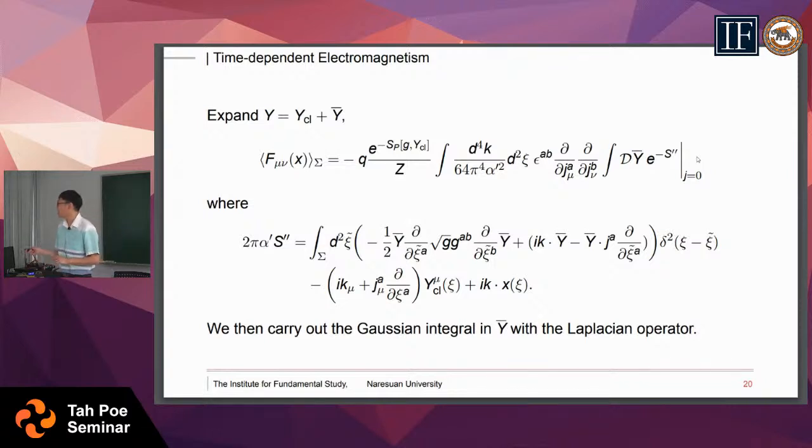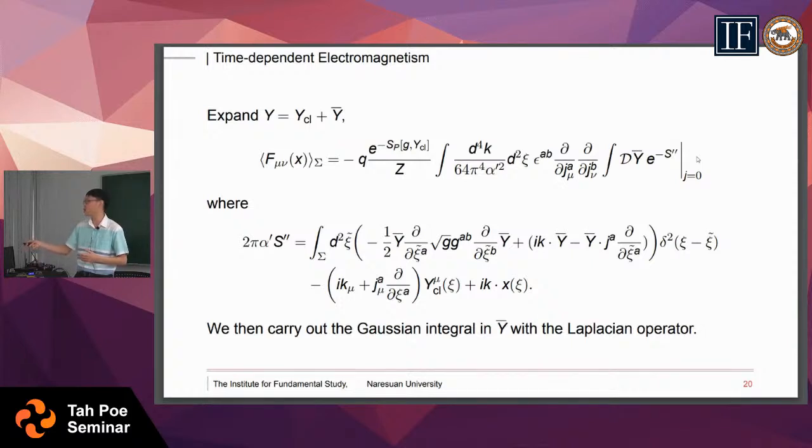Okay, now the measure is on y bar, and y bar is the quantum fluctuation. Because it is quantum, you can do the functional integral of this, and it is not hard because this is a well-expressed form.